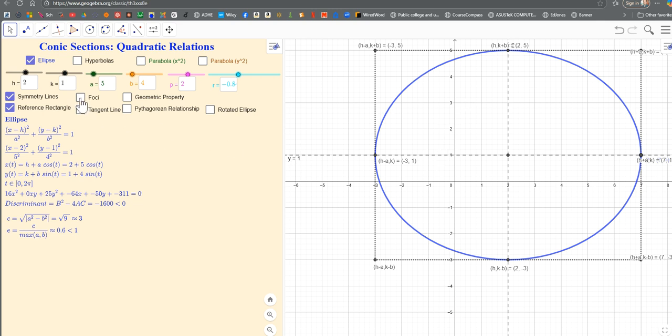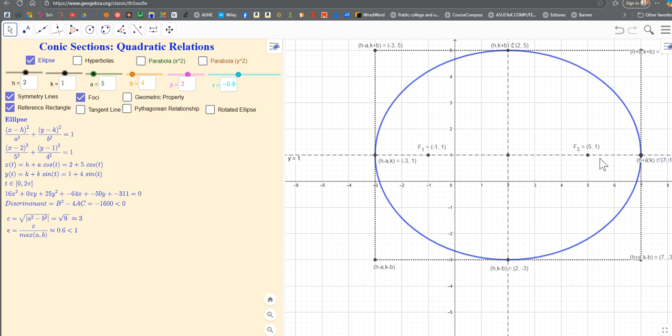Now, it turns out that there are actually 2 points called foci. Here they are in this particular case, 3 to the left and right of the center. Notice they're going to be on the major axis, because that's the one that's longer.